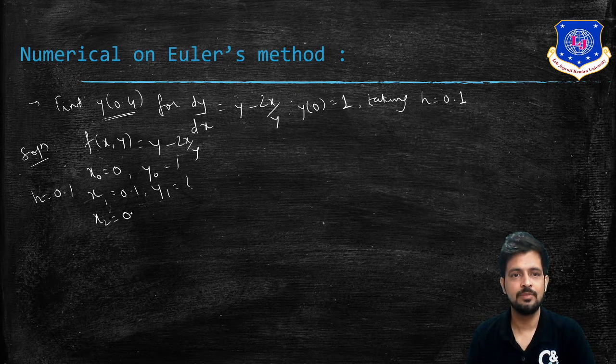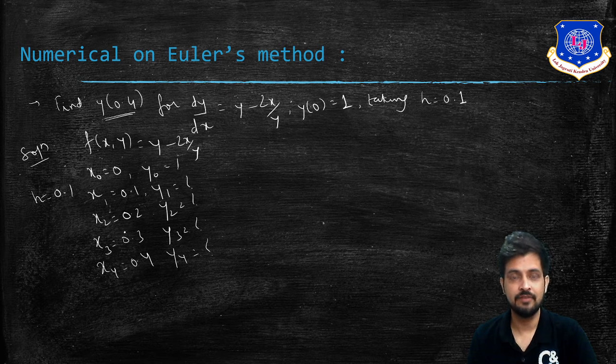x2 will be 0.2, so we have to find y2 also. x3 is equal to 0.3, so we have to find y3. And x4 is equal to 0.4, so my y4 also I have to find.